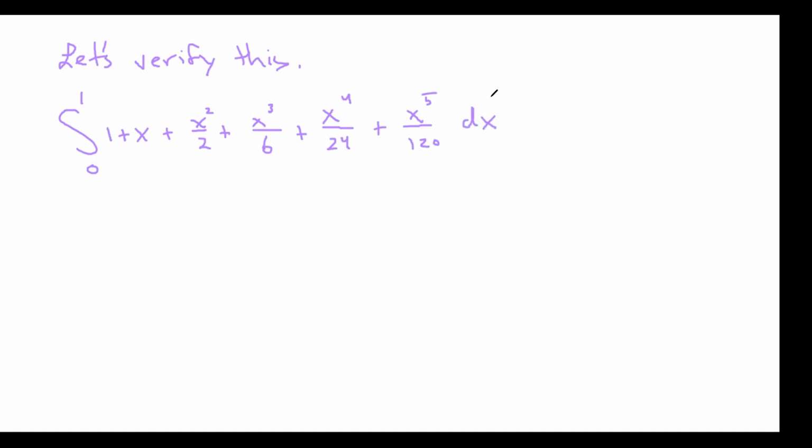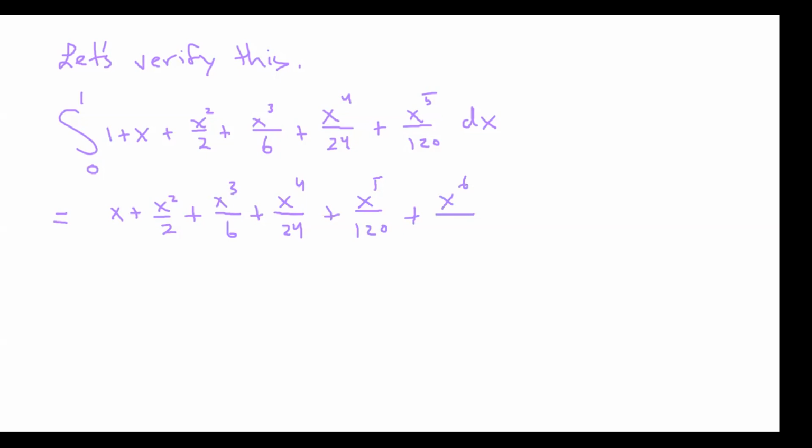So what is this integral? Well, it's not going to take you too much time to know what this is. This is x, and then plus x squared over 2 plus x cubed over 6 plus x to the 4th over 24 plus x to the 5th over 120 plus x to the 6th over... okay, what's 6 times 120?